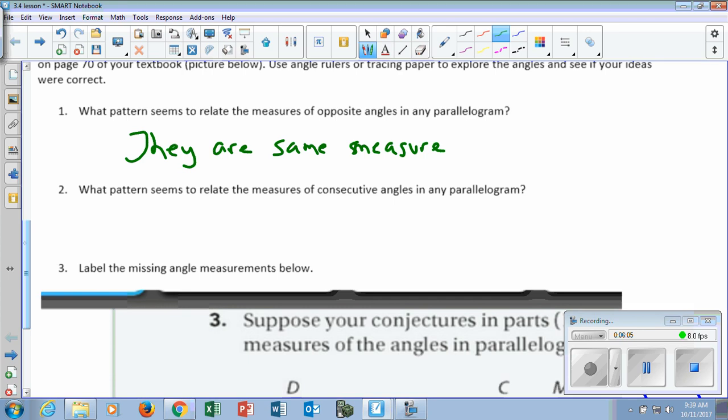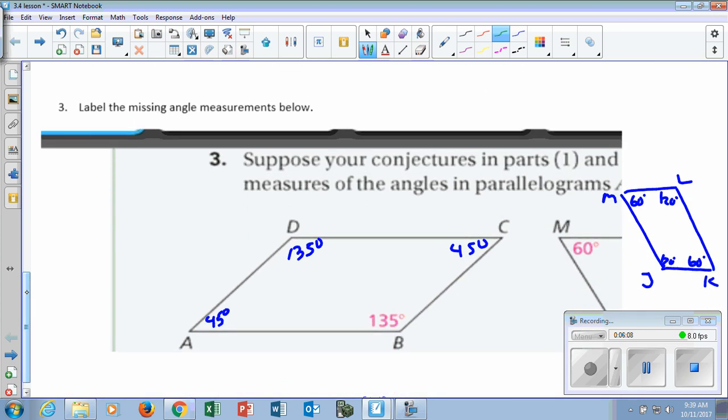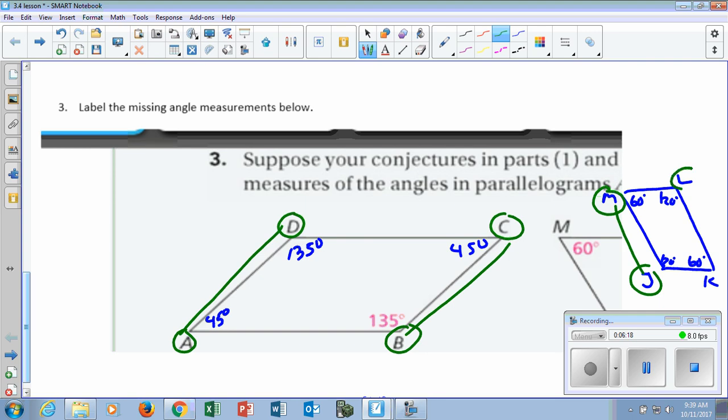Now, what do you notice about consecutive angles like A and D? Those are consecutive. C and B, those are consecutive. M and J, those are consecutive. L and K, those are consecutive. So what do you know about those? What can you tell me about those, Maria? Those add up.